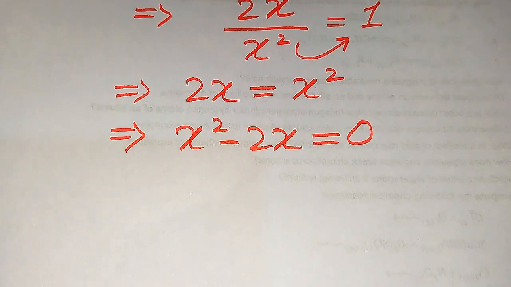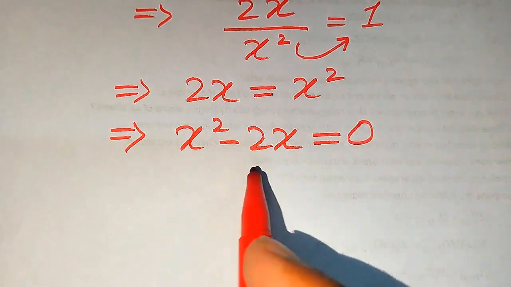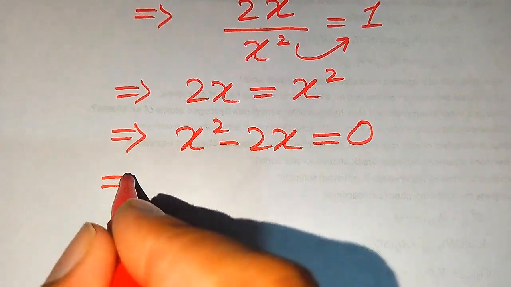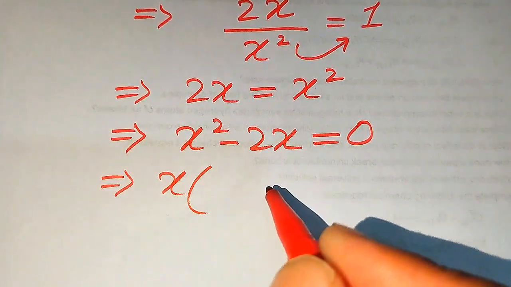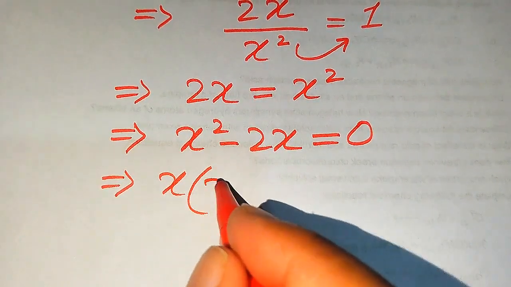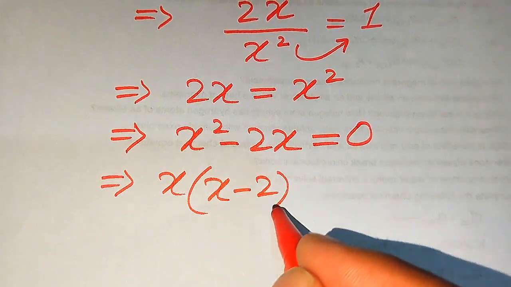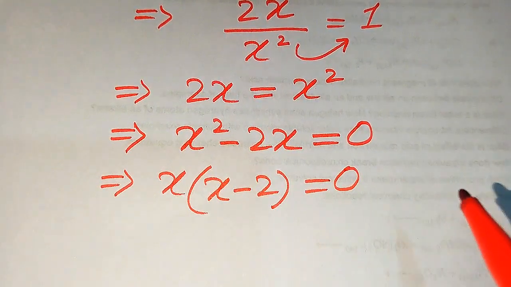Here both of these terms involve x, so we need to take common x from here. When we take common x, the remaining values are x minus 2 is equal to 0.